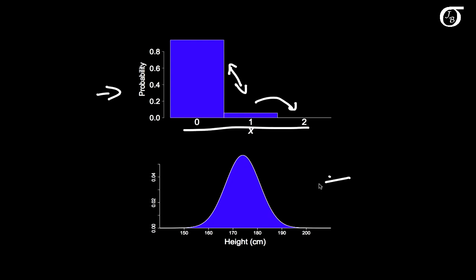Down below is approximately the distribution of the heights of Canadian males. And this is a continuous random variable. And this, if you see, is modeled with a smooth curve. We don't have these distinct, discrete jumps like we do for discrete probability distributions. So when we do eventually talk about continuous probability distributions, we're going to have to handle them in a slightly different way.